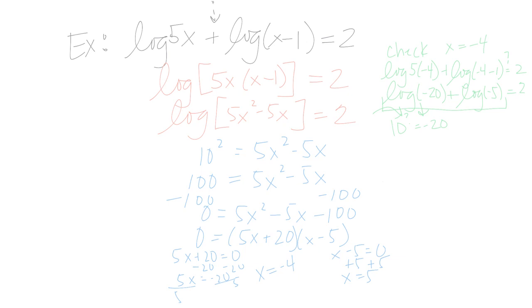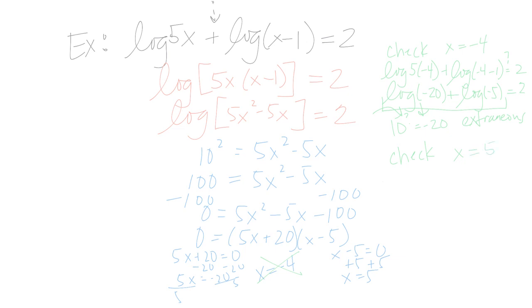So that's never going to happen. So I could already stop. So here I know that negative 4 is extraneous. So that means that I can cross that one out. I still have to check the other one because I don't know if that one's going to work. It could be that both of them are extraneous and that there is no solution to the equation.